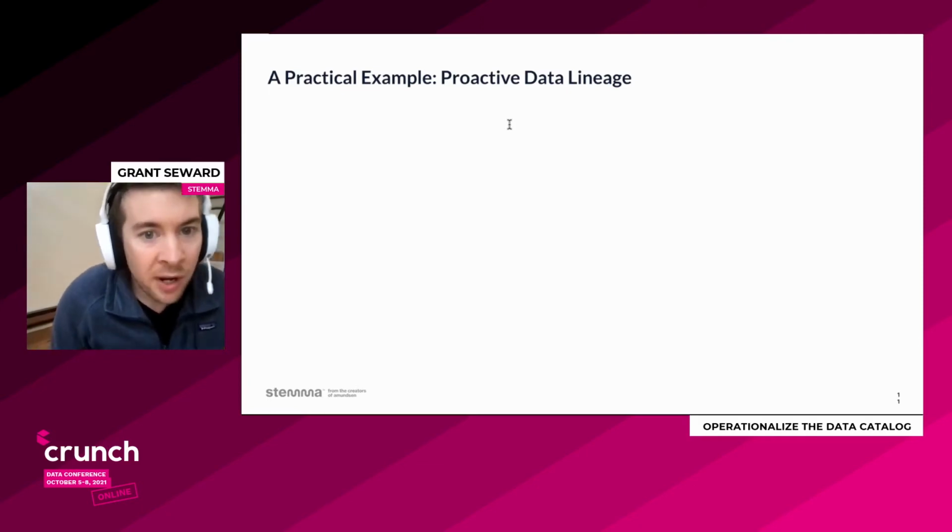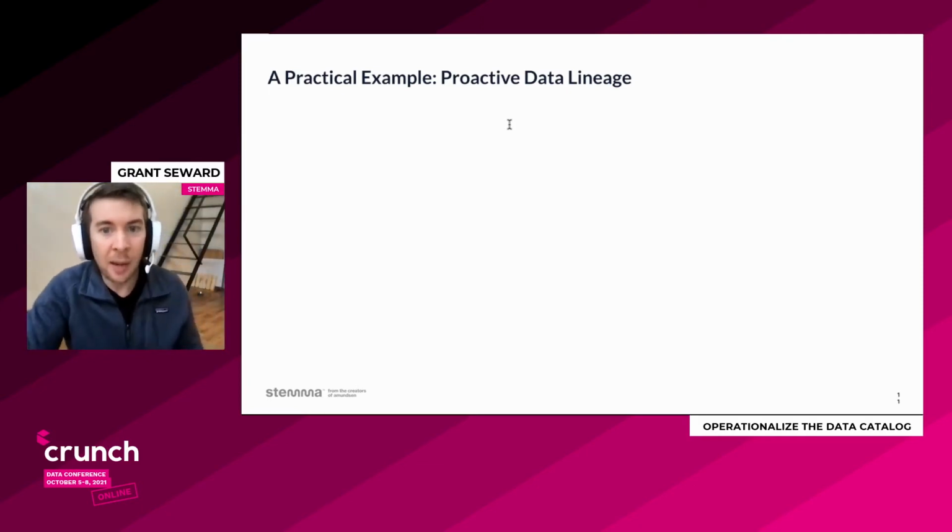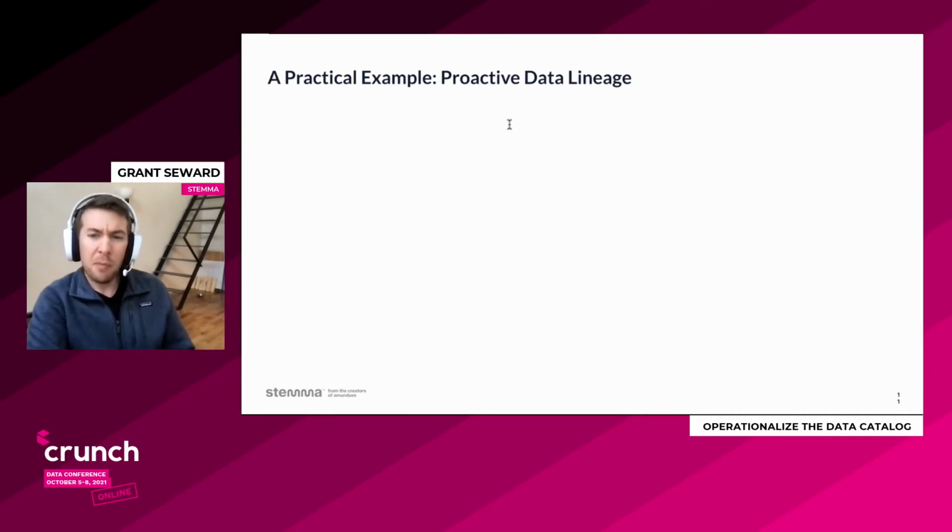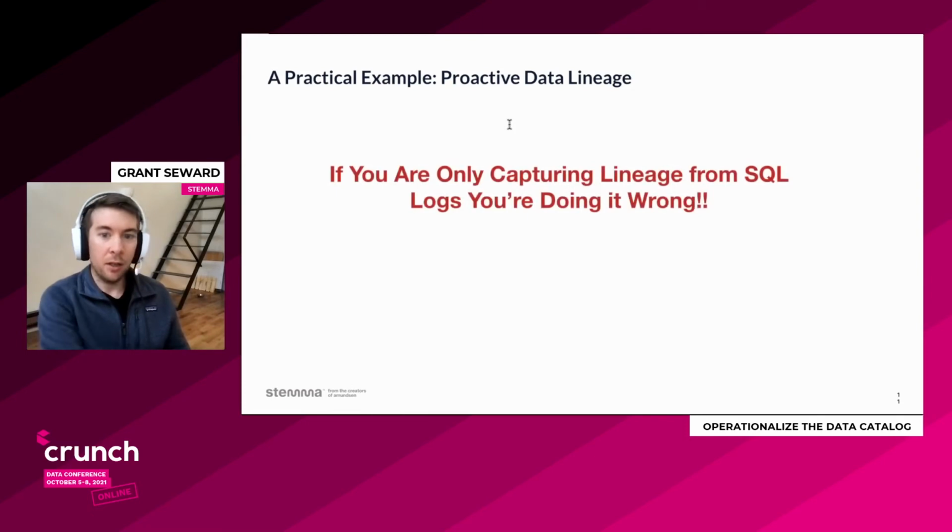And while there are providers that enable plug and play lineage capture from SQL logs, it remains a capability far too few companies have been able to invest in. Unfortunately, something that I see far too often for companies that do rely on SQL log parsing is that it's their only way of capturing lineage. And I'm here to say, if you are only capturing lineage from SQL logs, you're doing it wrong.